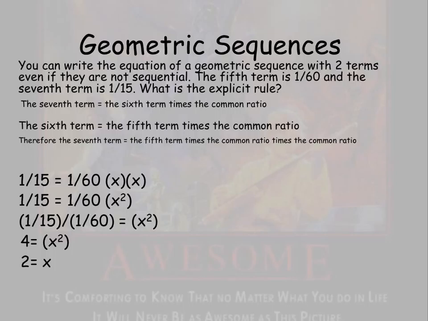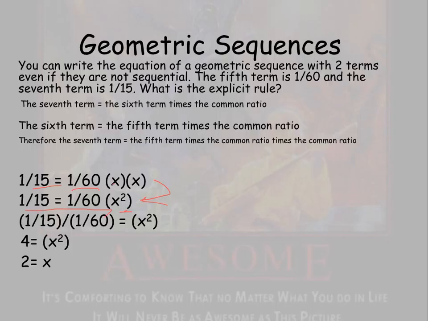So this is the seventh term, 1/15th. Fifth term is 1/60th, times the common ratio, which we're going to call x, times another common ratio again. That simplifies. X times x is x squared. And then we have the equation 1/15th is equal to 1/60th x squared.